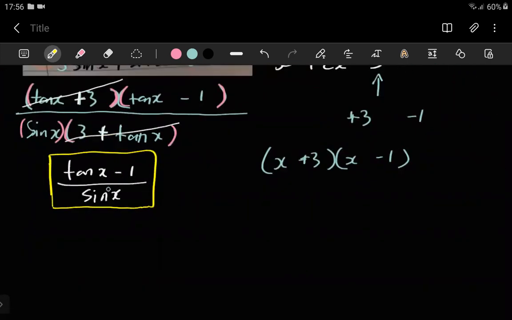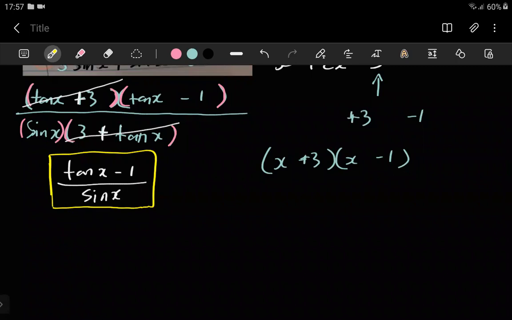So attempting to make this simpler, you don't want to jump into doing things that will make it go bigger. You don't want to do things that will expand your expression too much. What I'm referring to is how most of the time people want to change the 1 to sine squared x plus cos squared x.